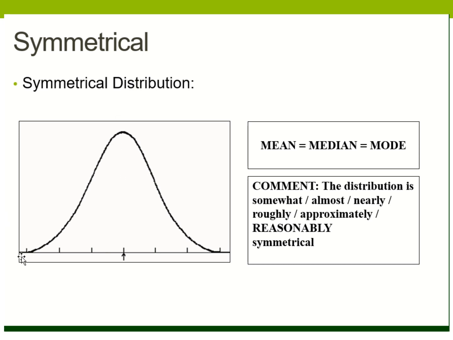So whenever your distribution looks quite symmetrical, you will call it somewhat or almost symmetrical. You cannot say it's exactly symmetrical. You can only say it's exactly symmetrical when you have values, when your mean, median and mode value is equal. When you don't have values and you're just commenting on the shape of the distribution, you can only say somewhat, almost or nearly.